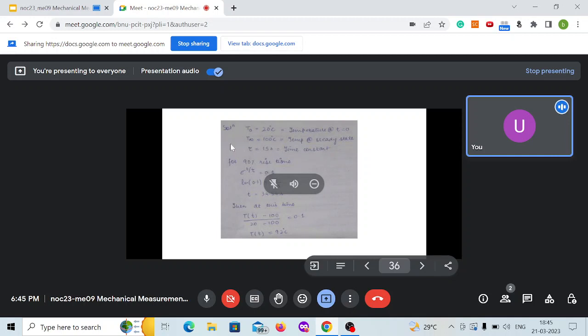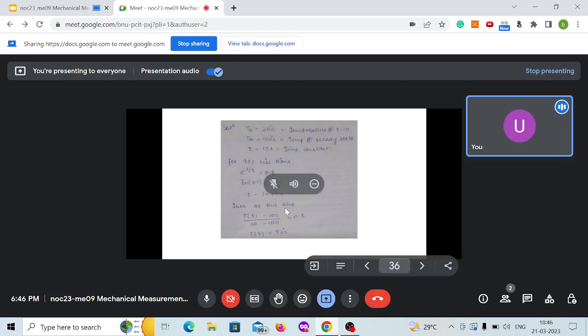So 0.1 theta naught by theta naught equals e raised to power minus t by tau. Theta naught gets cancelled, so you'll have e raised to power minus t by tau as 0.1. When you take a logarithm on both sides, we'll have ln 0.1 equals minus t by 15. So from that it will be minus 15 ln 0.1, which gives you 34.54 seconds. To reach 90%, it will take 34.54 seconds.